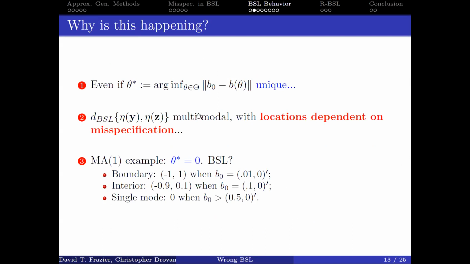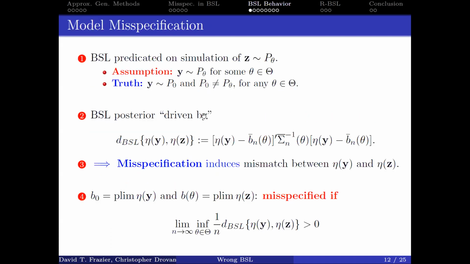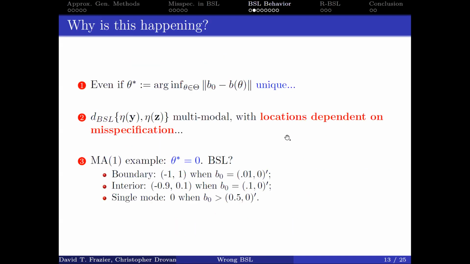The multimodality in the BSL criterion function exists solely because we're using this relative measure of distance, i.e. relative being in terms of these sigma n units, i.e. the sample variance. And what this means is that depending on the level of misspecification, you can get very, very different values of theta star.